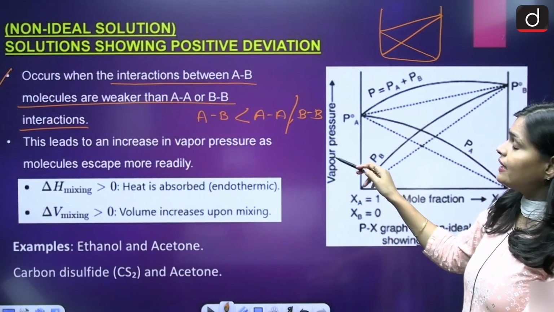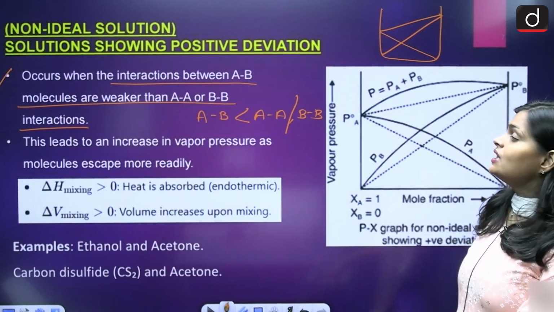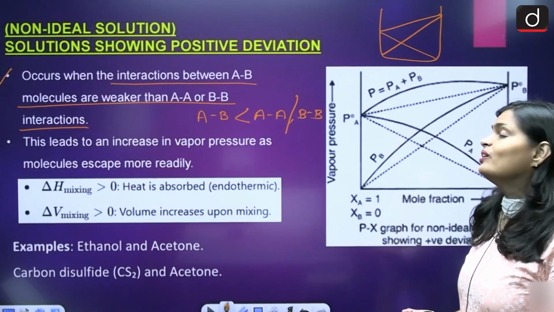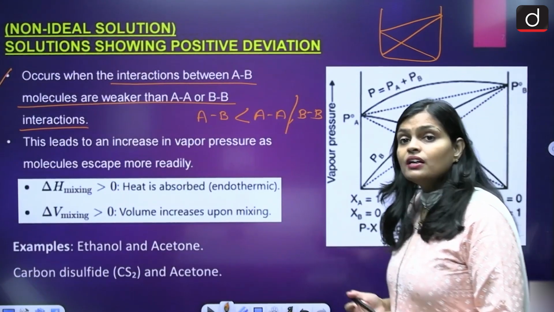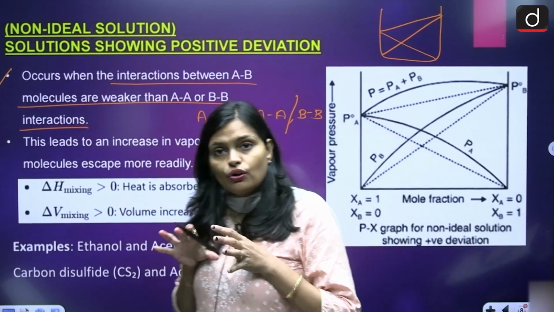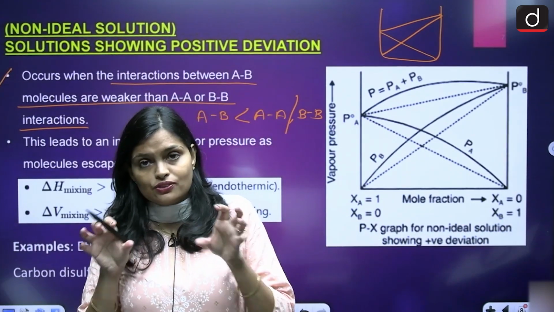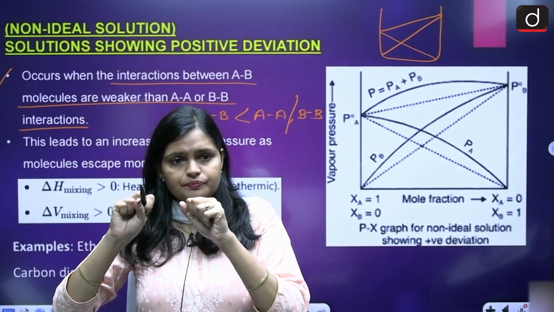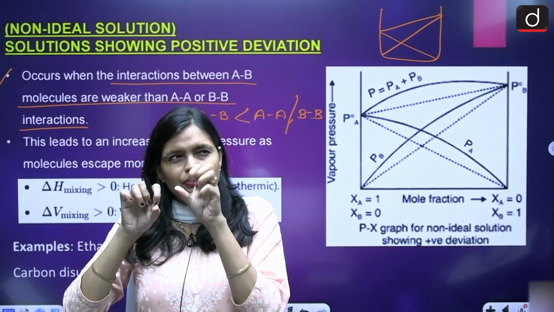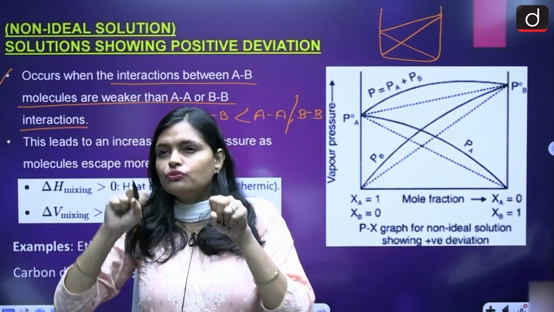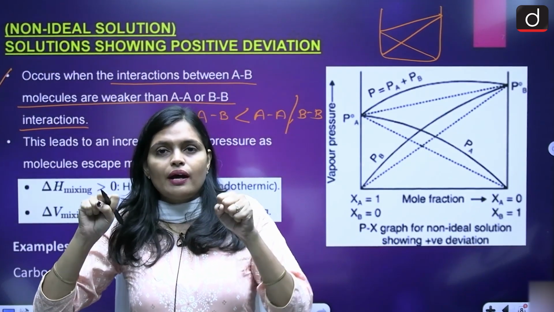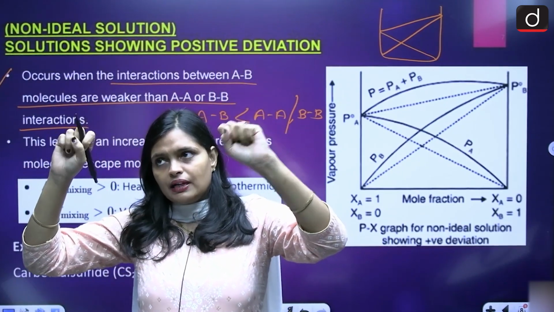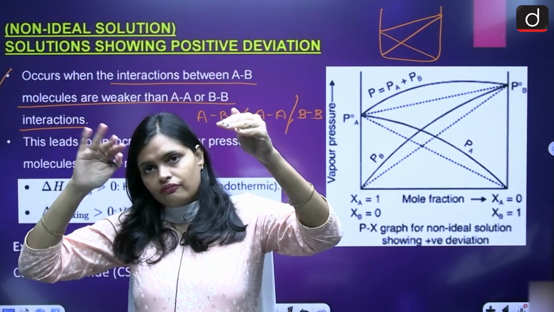This leads to an increase in vapor pressure as molecules escape more readily. If there is no interaction between A and B, then A is also free, B is also free. A also becomes vapor, B also becomes vapor, and both of them create a vapor pressure.